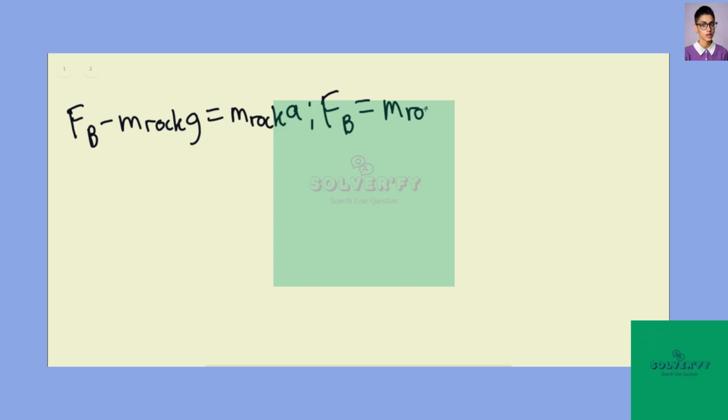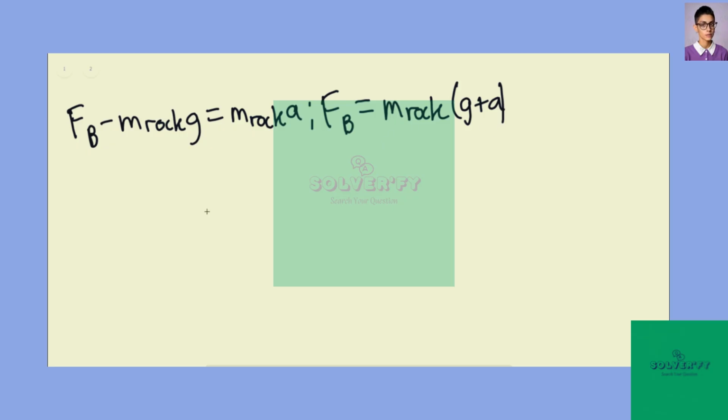So we can say that the buoyant force, FB, minus the mass of the rock times g should be equal to the mass of the rock times a. And so basically the buoyant force would be equal to the mass of the rock times g plus a.